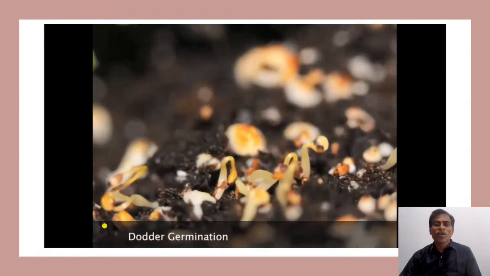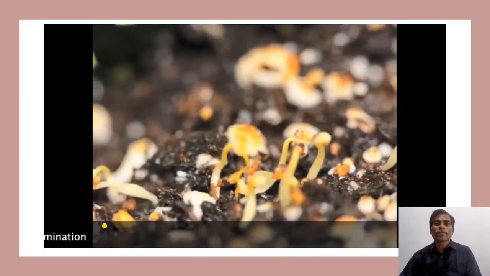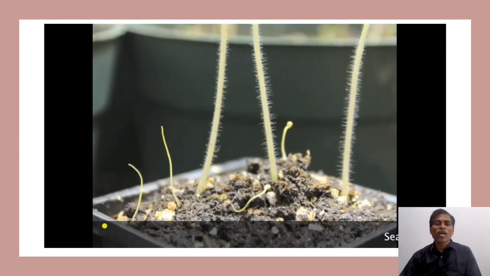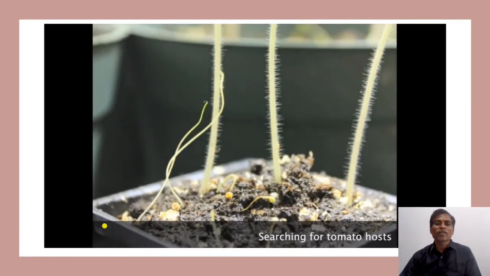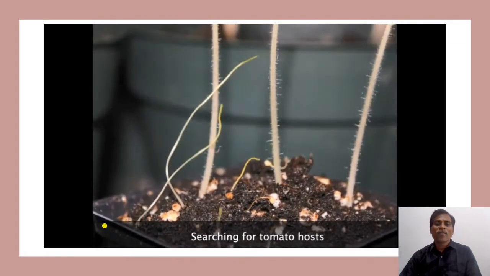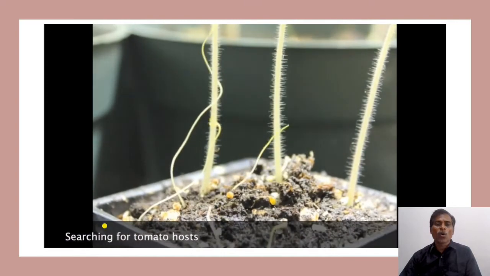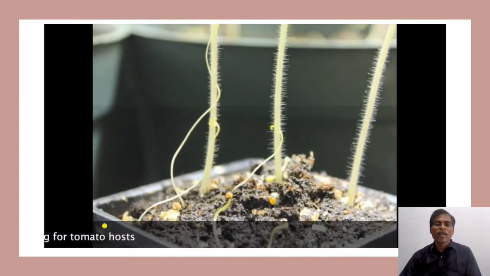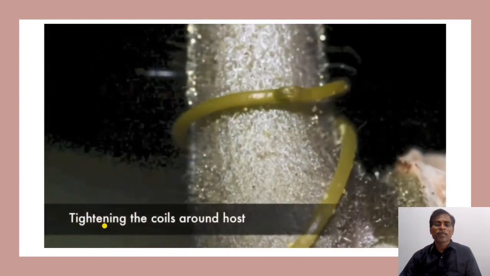Germinating, which gives a slender stem. The stem tries to contact the stem of the host plant. When it contacts the host stem, it coils around the host stem.